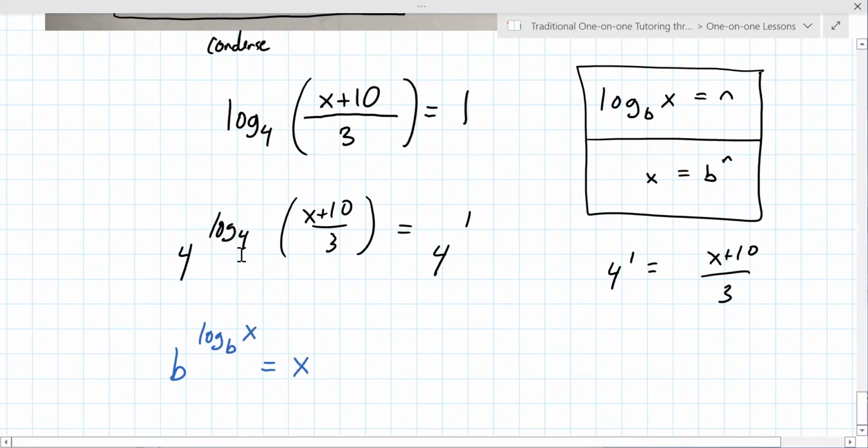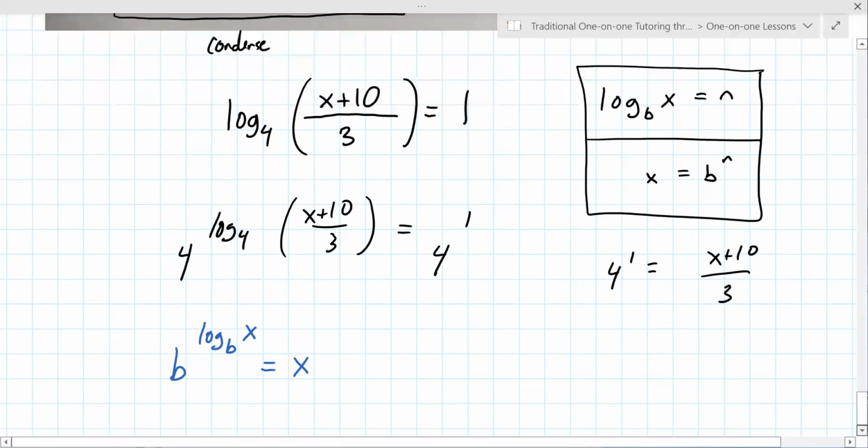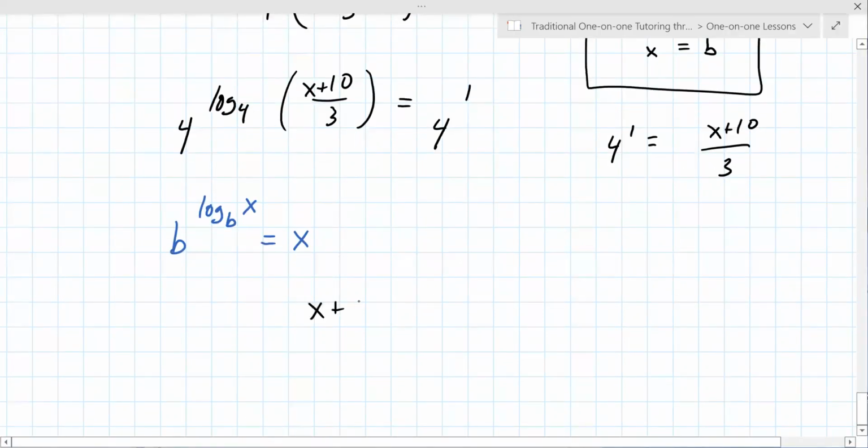When the base of your logarithm is the same as the base of the number with the exponent, it becomes just the inside part. So it becomes x plus 10 divided by 3 equals 4 to the power of 1, which is 4.